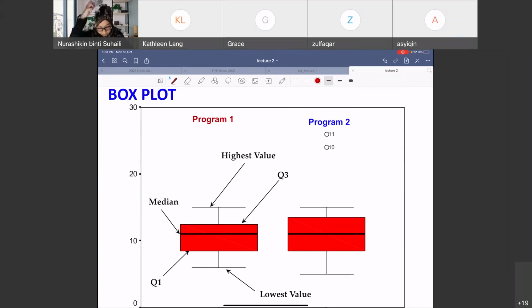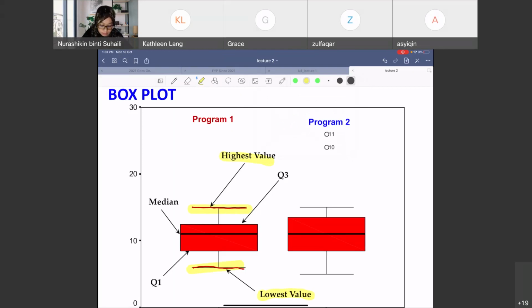Box plot is about presentation of the data. This one represents the lowest value, and this one represents the highest value. So you make a horizontal line like that.